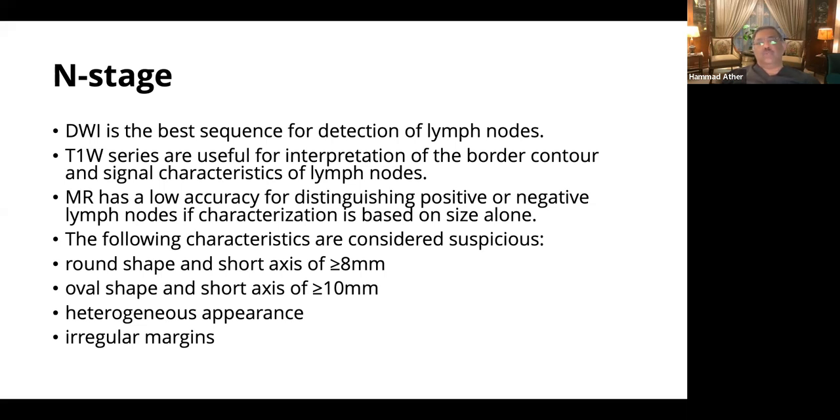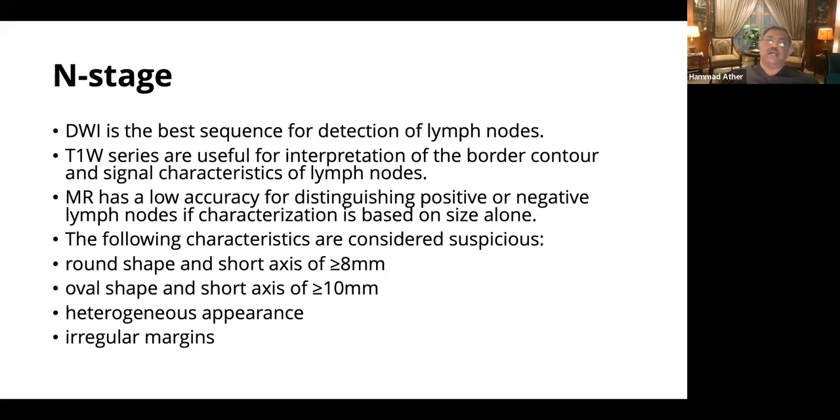What makes a lymph node suspicious is if it has a round shape, and this is something that we do discuss regularly in the tumor board meeting: a round shape and a short axis of greater than 8 millimeters, an oval shape with a short axis of greater than 10 millimeters, a heterogeneous appearance, and irregular margins.